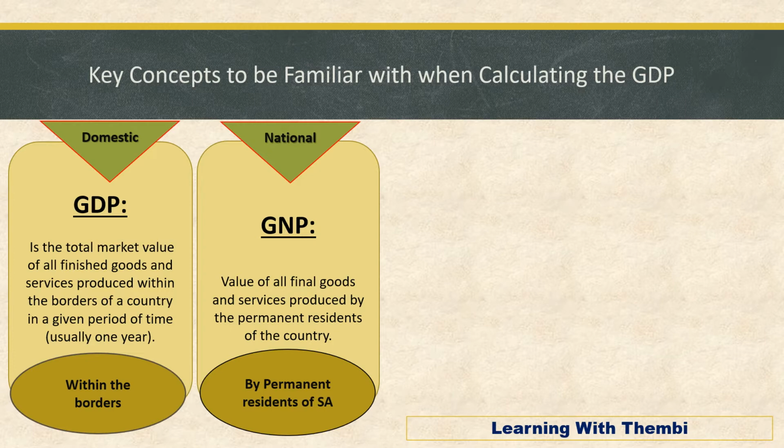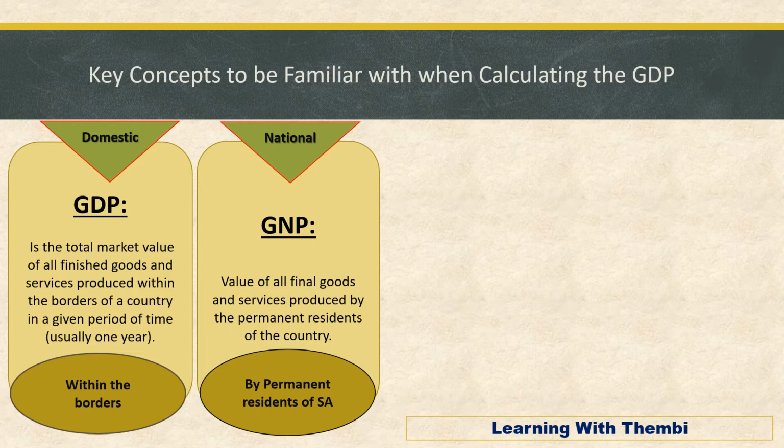If I can give you an example on this one, we may have South African businesses or entrepreneurs or service providers or individuals who are operating across the globe. So the value of the production made by this group will be included in the gross national product of South Africa.